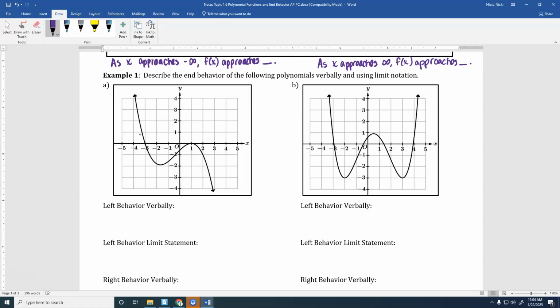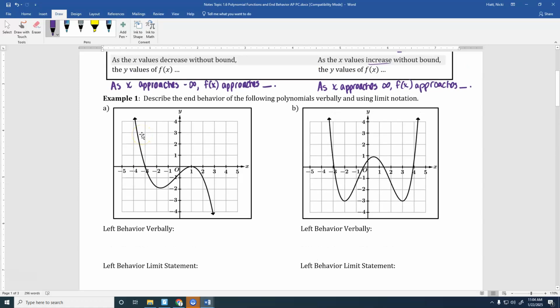So verbally, for this graph, we would say, let's use the AP Precal preferred language here that I think you're more likely to see. As the x values decrease without bound, the y values of f of x.